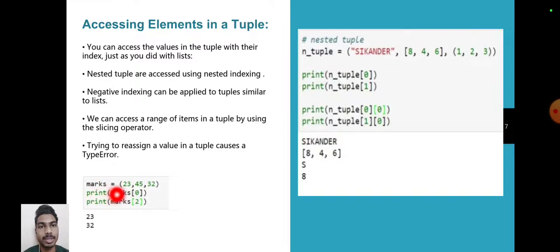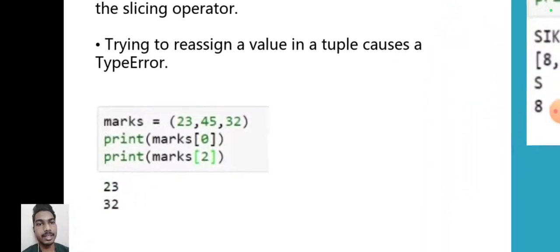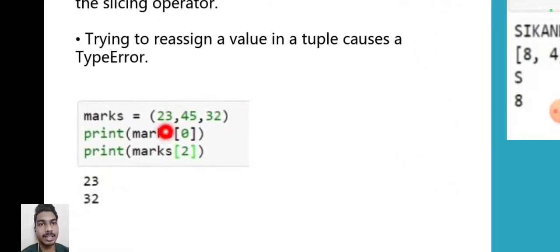Here's a small example: marks is equal to tuple 23, 45, 32. Basically, as in any object or array, indexing starts from 0.